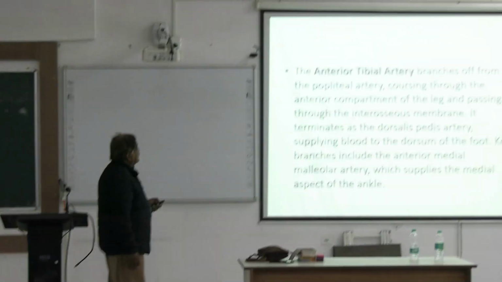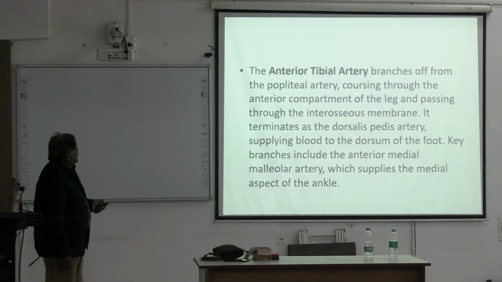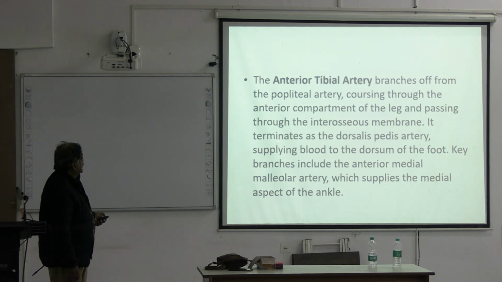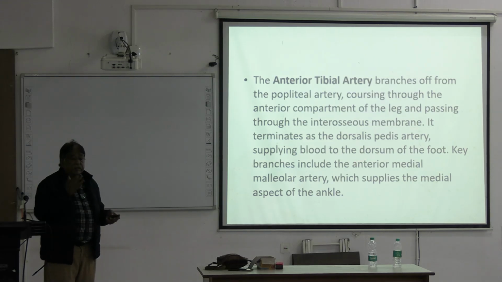Now the anterior tibial artery branches from the popliteal artery, coursing through the anterior compartment of the leg, passing through the interosseous membrane. It terminates as the dorsalis pedis artery, supplying blood to the dorsum of the foot. Key branches include the malleolar arteries.